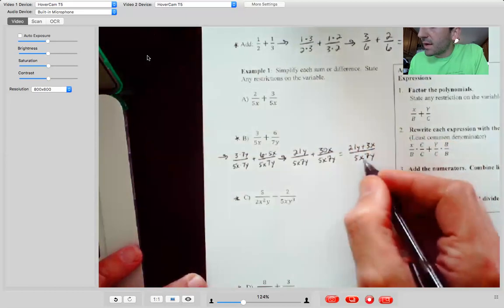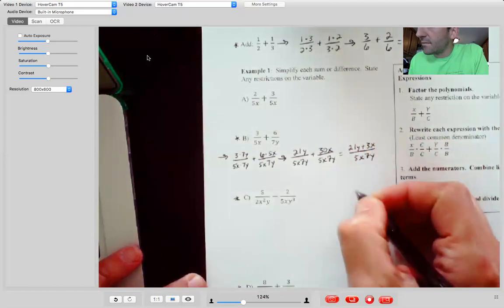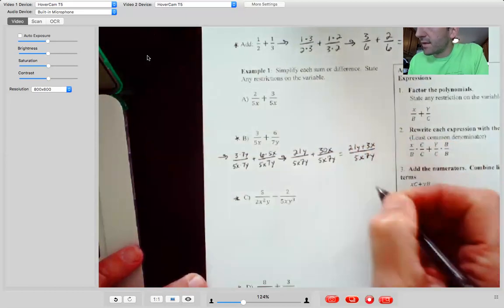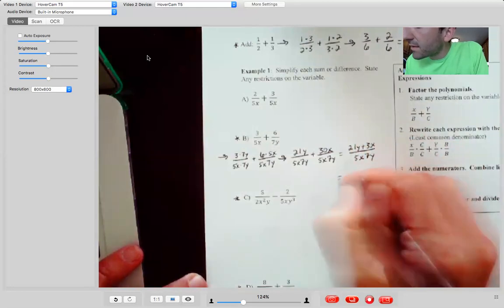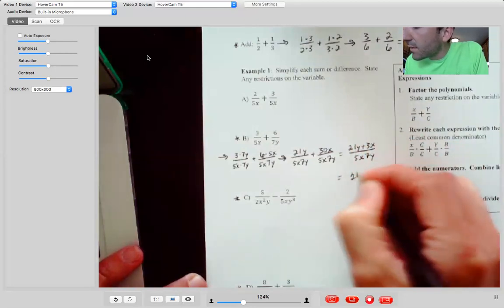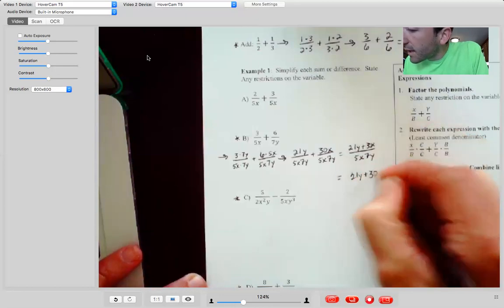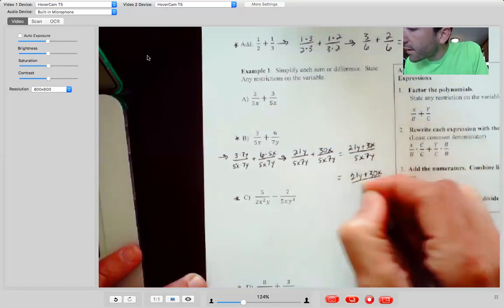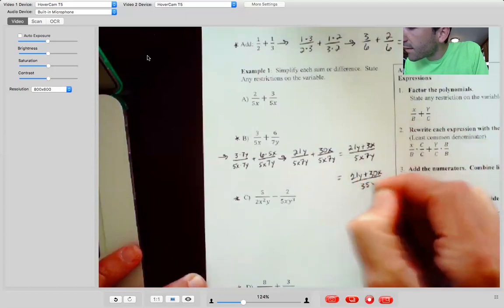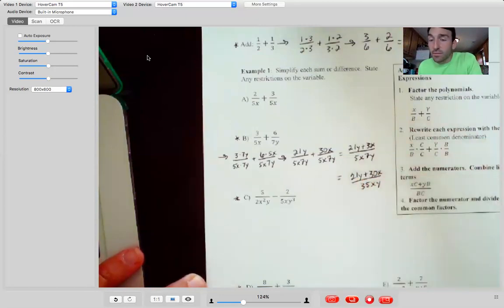Sorry, we can actually simplify that. So we would multiply the 5 and the 7. Let me just rewrite that. That's 21y plus 30x over 35xy, which is how we would express that in simplest terms. And then just think, could we simplify it any other way?